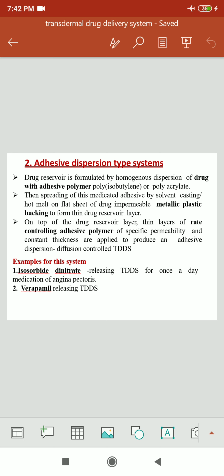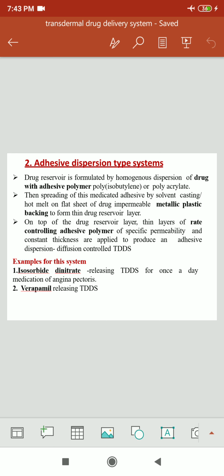Adhesive dispersion system. The drug reservoir is formulated by dispersion of the drug in an adhesive polymer, so the drug reservoir contains drug plus adhesive polymer. This medicated adhesive is spread by solvent casting or hot melt onto the drug impermeable metallic plastic backing to form a thin drug reservoir layer.